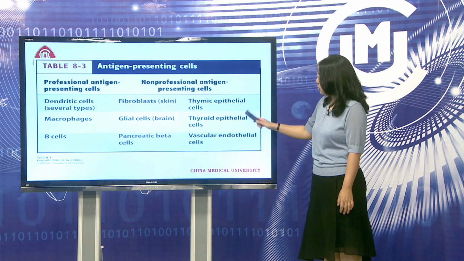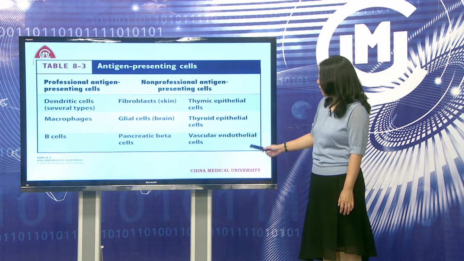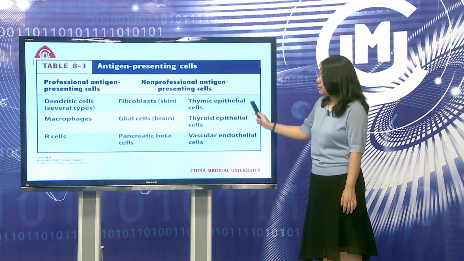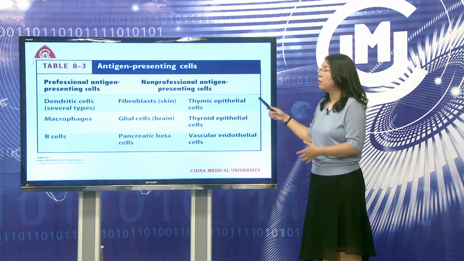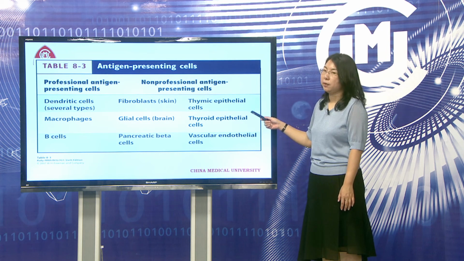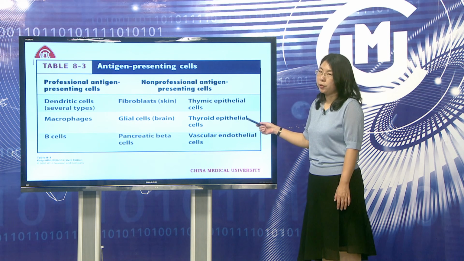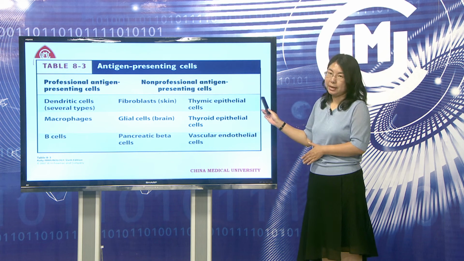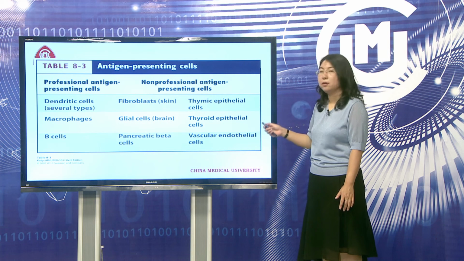And other cells, such as the vascular endothelial cells and the epithelial cells, also can express class 2 molecule, but they don't have a special function to present antigen. We call them antigen presenting cells, but their function is not special to present antigen, so we call them non-professional antigen presenting cells.